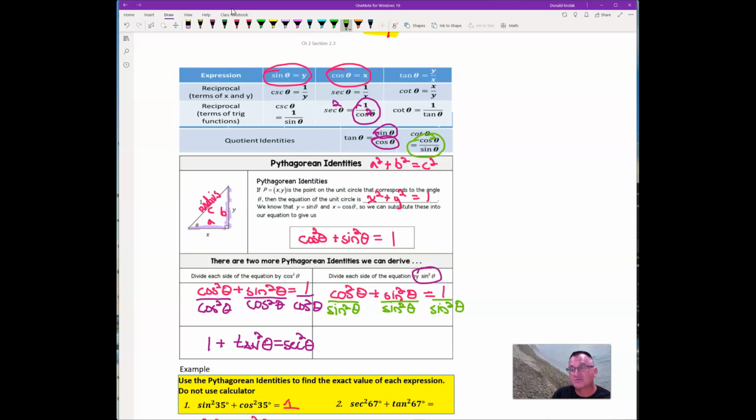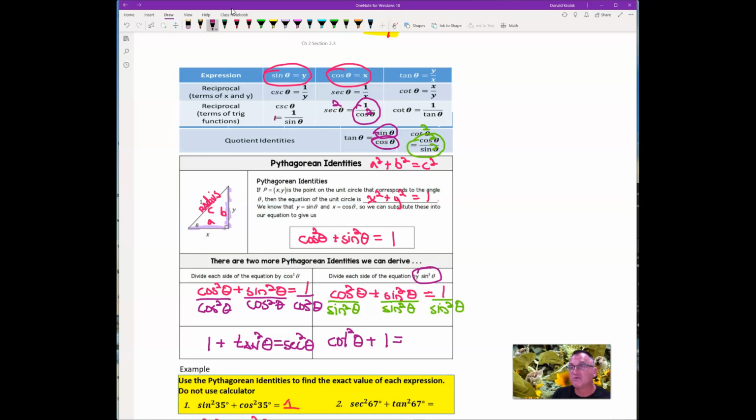Well, if these are squared, then that's cotangent squared. So this first term becomes cotangent squared of theta, plus sine squared over sine squared is 1, and 1 over sine squared.